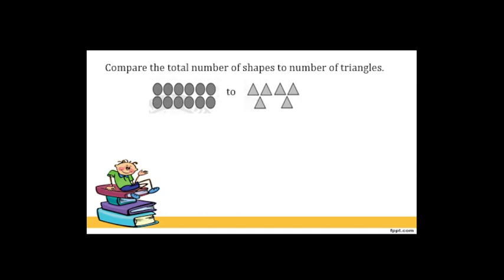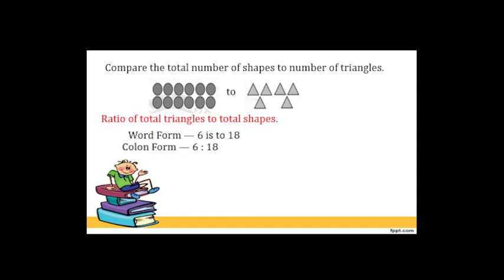In word form, triangles to total shapes is 6 is to 18. 6 is to 18 in column form, and 6 over 18 in fraction form.